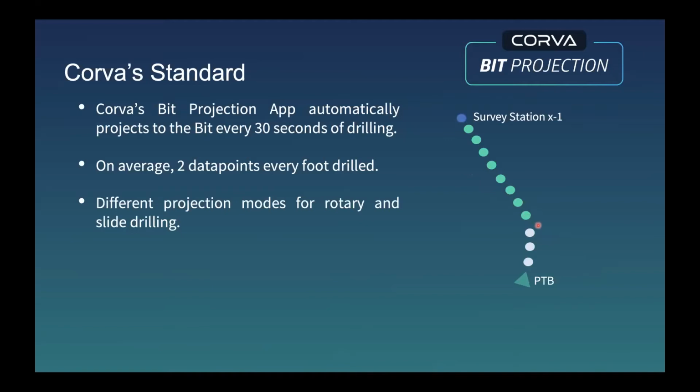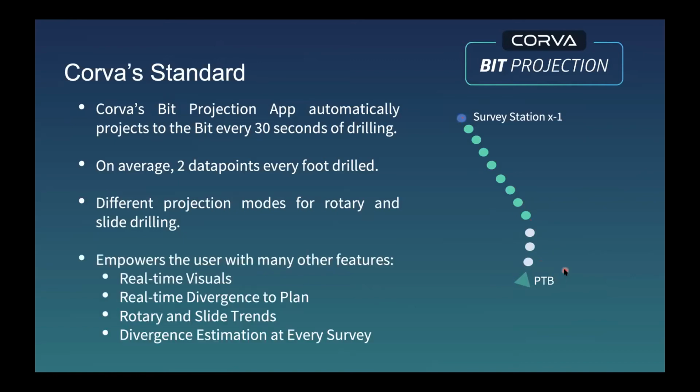So we can adjust on the fly and automatically. If the actual survey station came in here, we would have a more representative path of what changed over those two intervals instead of just doing the one straight line projection.